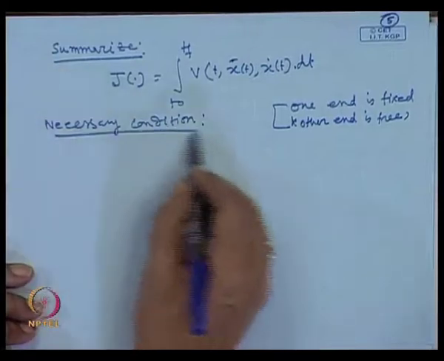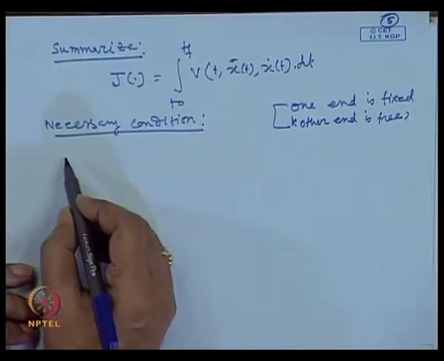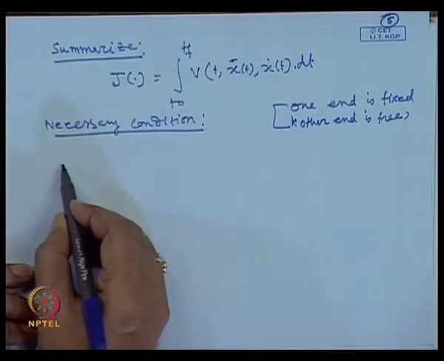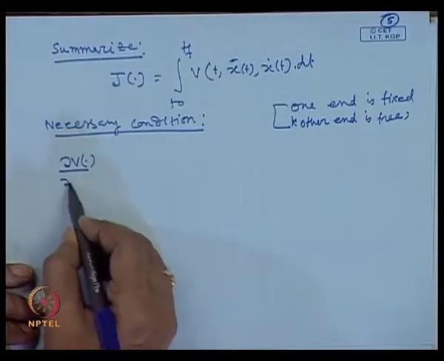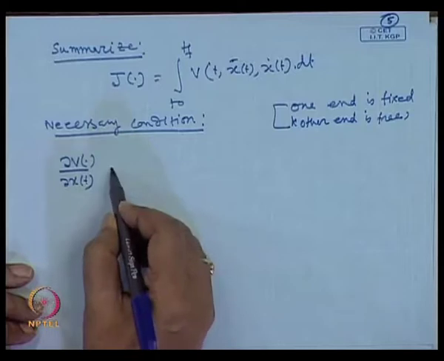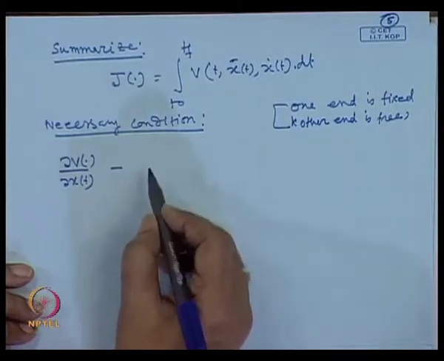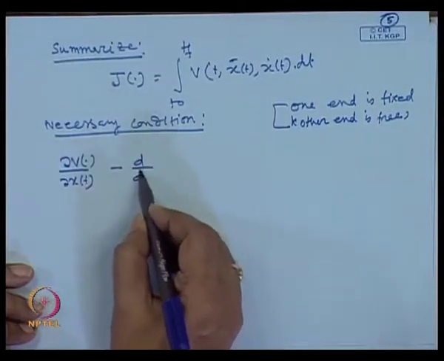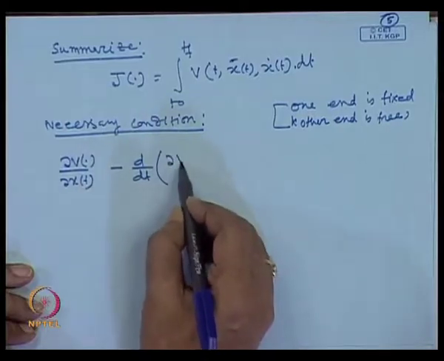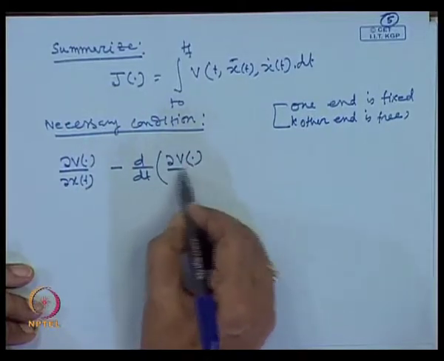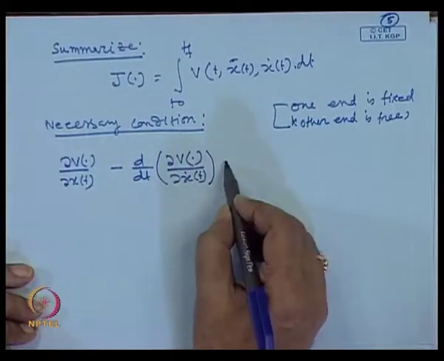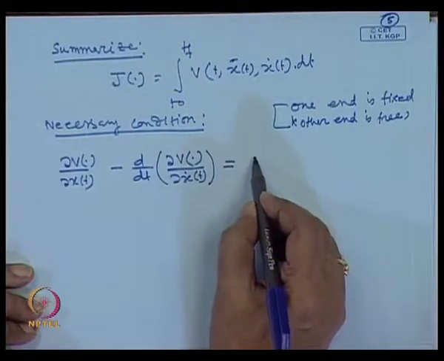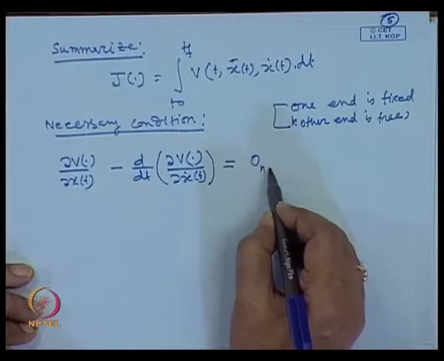So, the first condition, in order to make the first variation of the functional zero, is del v del x of t minus d/dt of the gradient of this with respect to x dot, equal to 0, whose dimension is n cross 1.